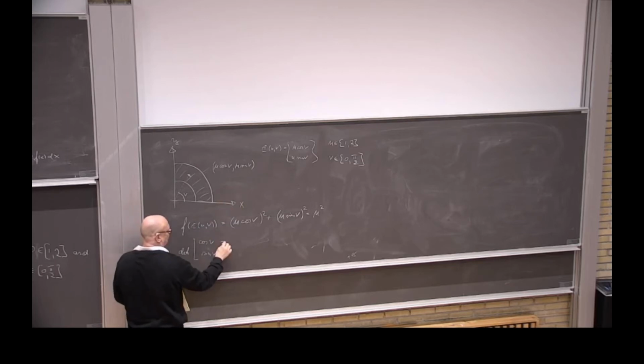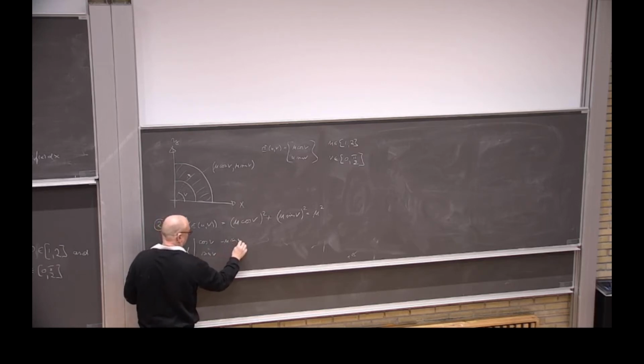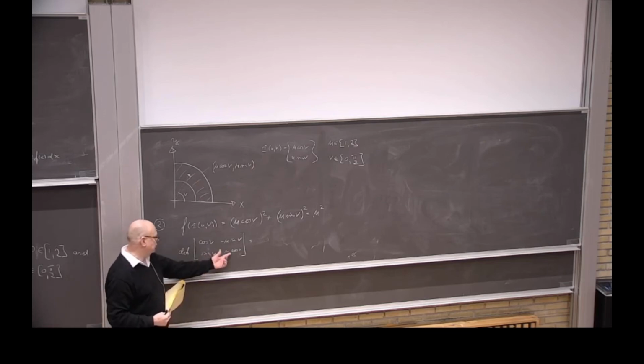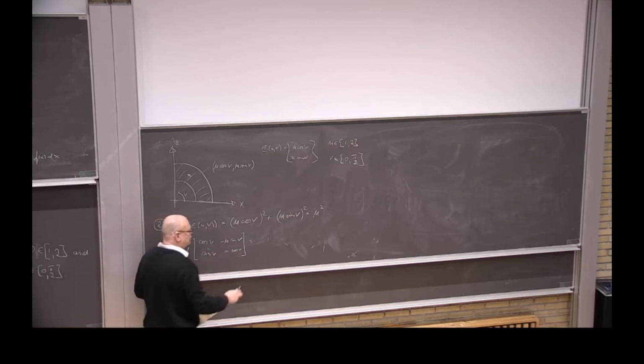You get minus u sine v, and then u cosine v. So when you compute this, you get u cosine squared minus minus, that is plus u sine squared. So you end up with this result here.